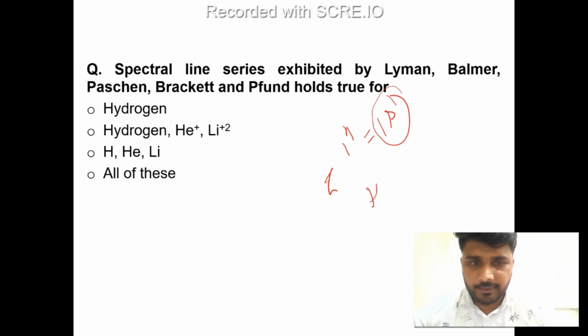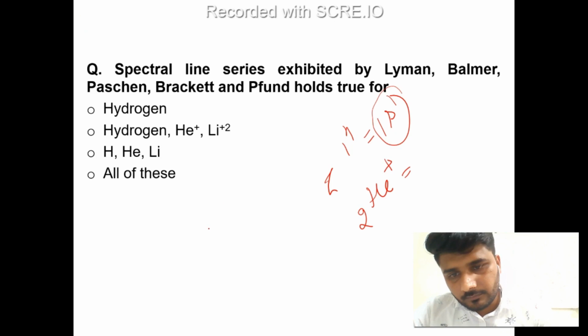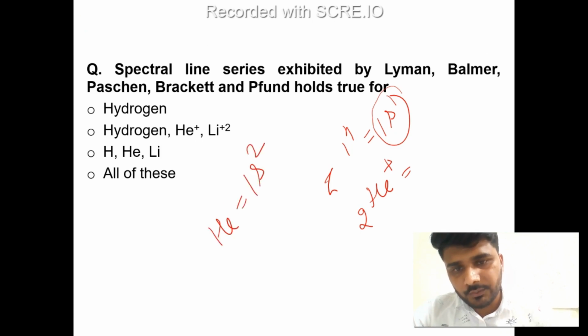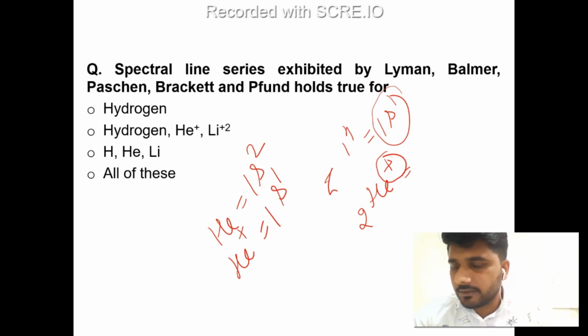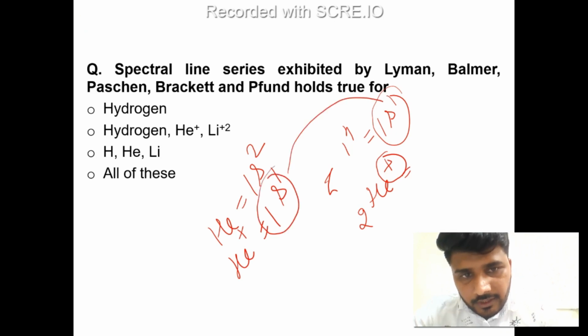Okay, helium plus. The atomic number is 2. If I write the electronic configuration, that is 1s2. And for helium plus, it will be 1s1, right? Because one electron is ejected. So this configuration is similar to hydrogen, right?